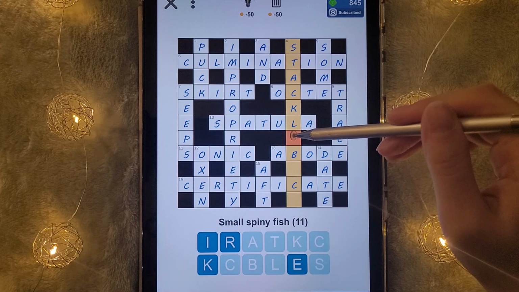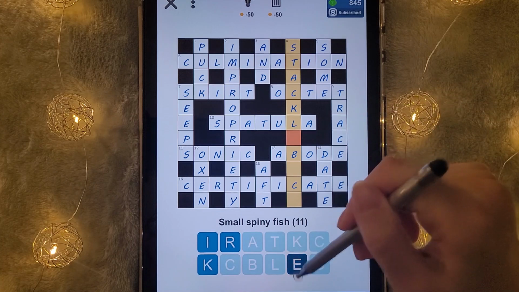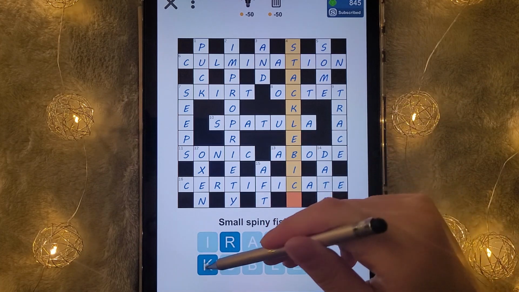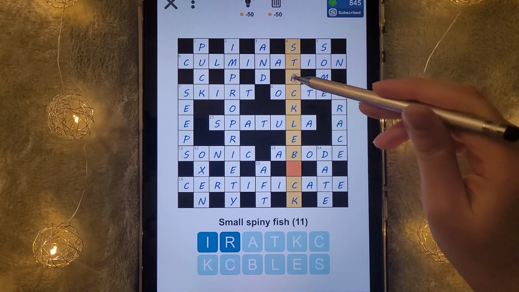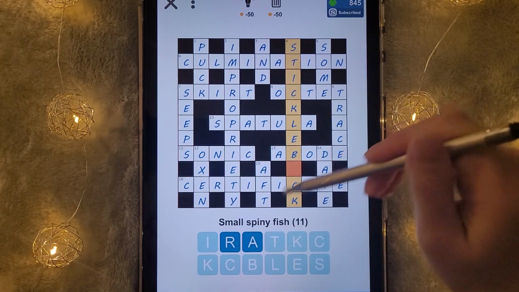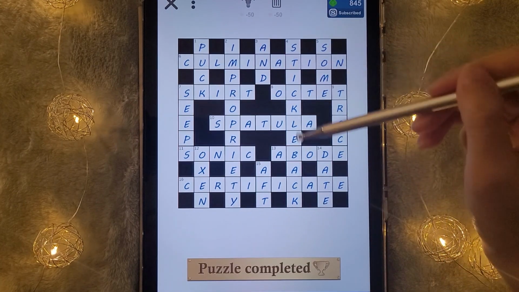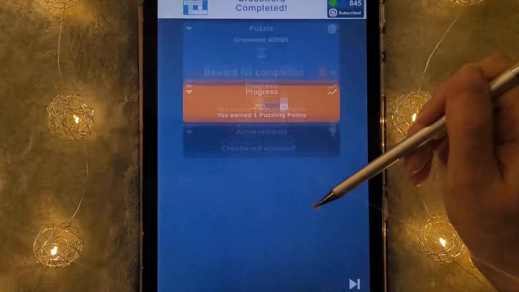This is really weird. Let's kind of rearrange some of these vowels. Stickleback. I have not heard of that type of fish.